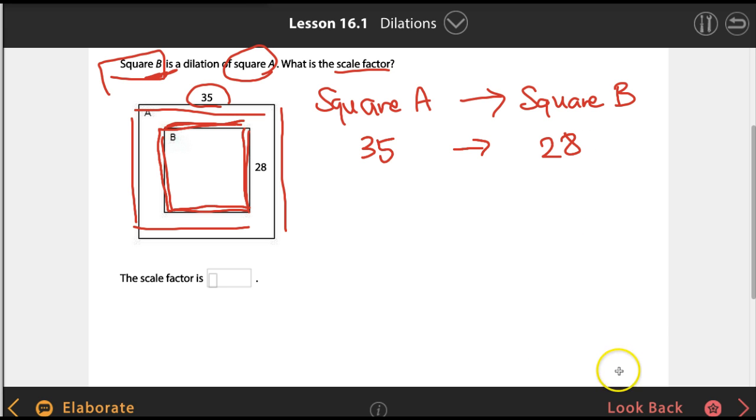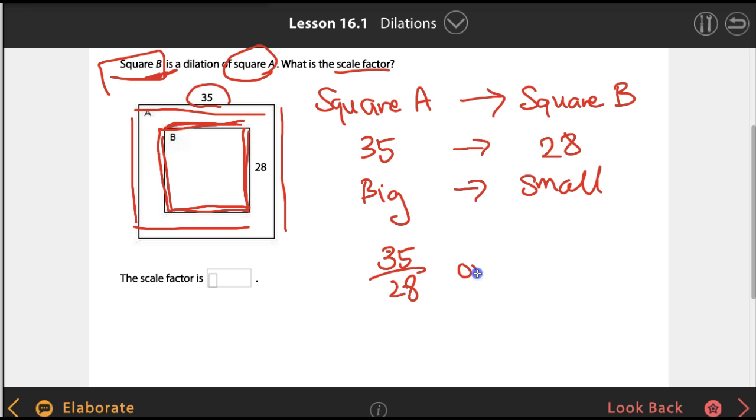Okay, so let's think about this. We went from big to small, didn't we? Okay, so then we know we have to either use 35 over 28 or 28 over 35.